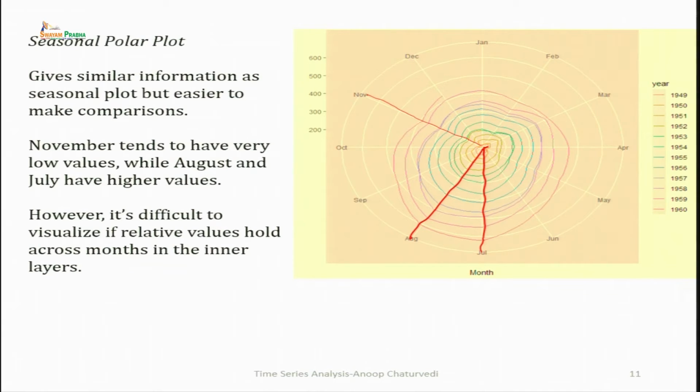If there is a big difference between the outer layer and the inner layer, and the inner layer is quite small in comparison to the outer layer, then it becomes difficult for you to visualize if the relative values also hold for the inner layer. Whether for the inner layer also August and July values are higher or not, or whether for the inner layer also November has a lower value or not. Sometimes it becomes difficult for you to visualize it.